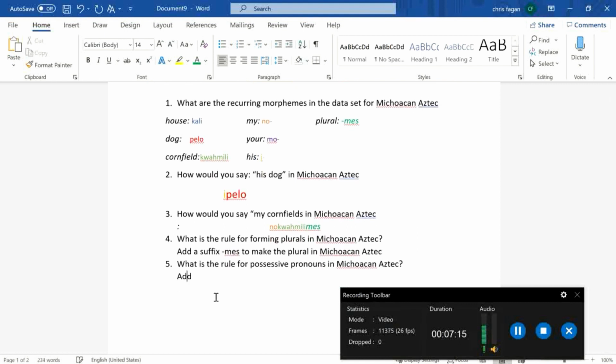So we add a prefix to form the possessive in Michoacan Aztec. No creates the first person.